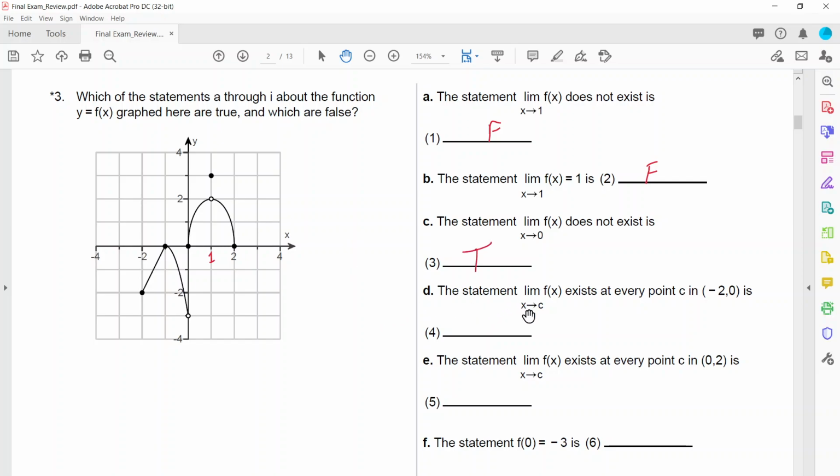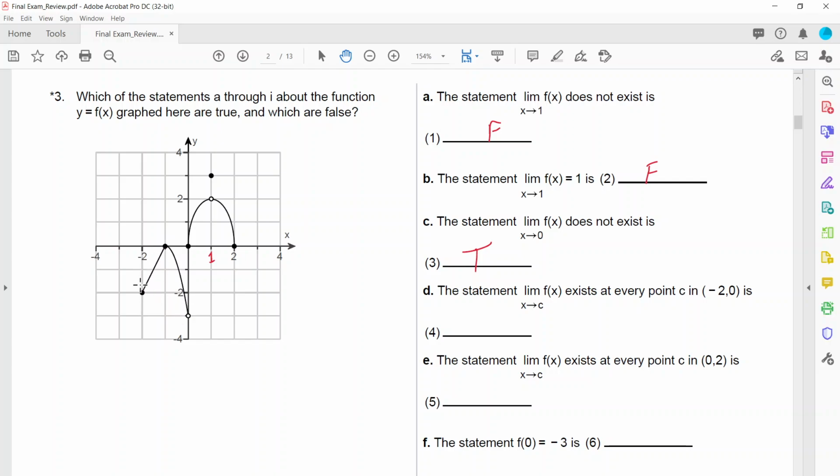The statement: the limit of the function when x approaches c exists at every point c from -2 to 0, not including -2 and 0. If you look at the graph here, -2 is here and 0 is here, not including 0 and -2. In this graph there is no jump, there is no discontinuity.